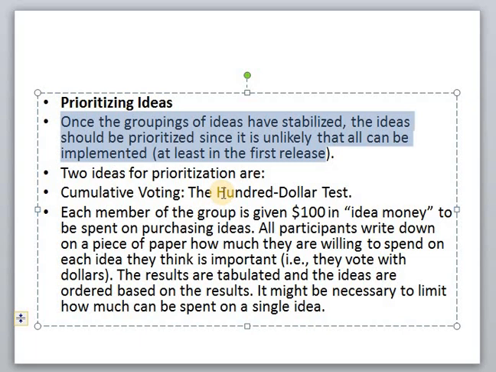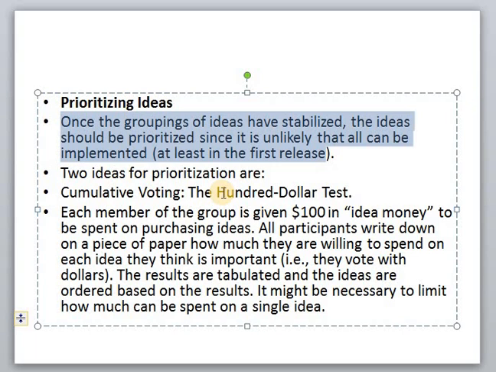Now this is the step to rank those ideas, because it is impossible that we will consider every proposed solution for implementation.